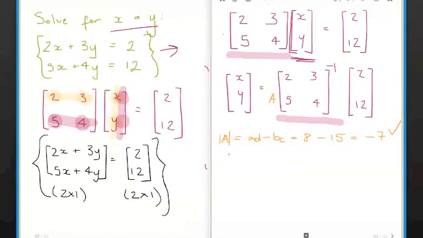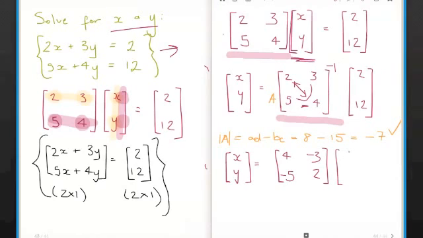So now to find x and y, I need to have the inverse. So I'm going to do my swap. 4, 2, and my minus. So minus 3 and minus 5. The ones that get a negative do not swap places.